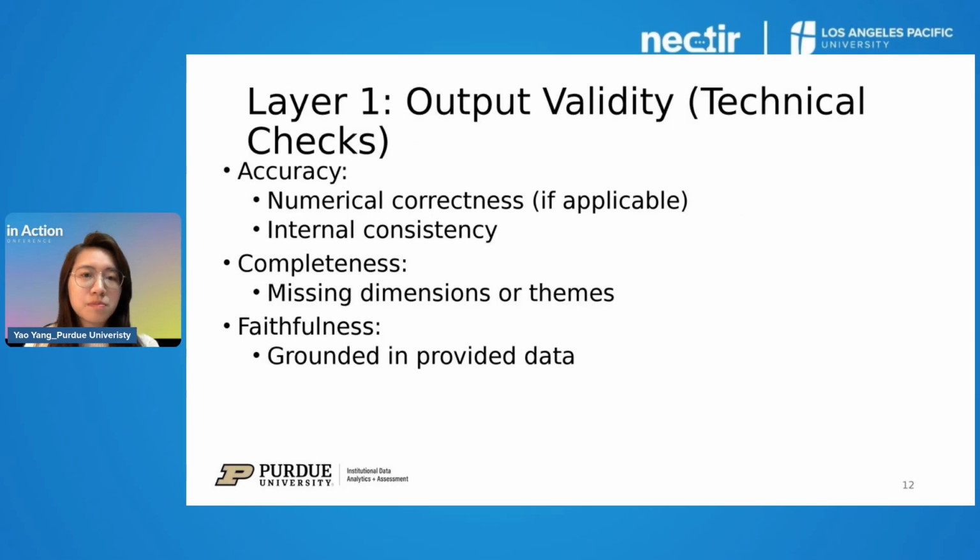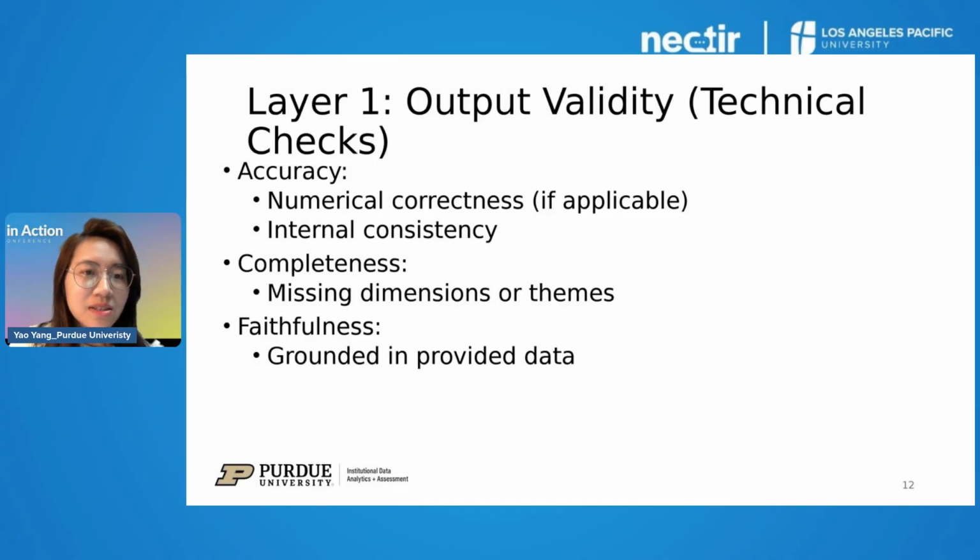As we discussed before, the first is the output validity. What does it mean? What do we want to evaluate? So the output validity focuses on the technical checks of the AI output. We create this AI assistant when we're going to check the output validity. First, we check the accuracy. We check whether the numbers are correct, if applicable, whether the output is internally consistent or not.